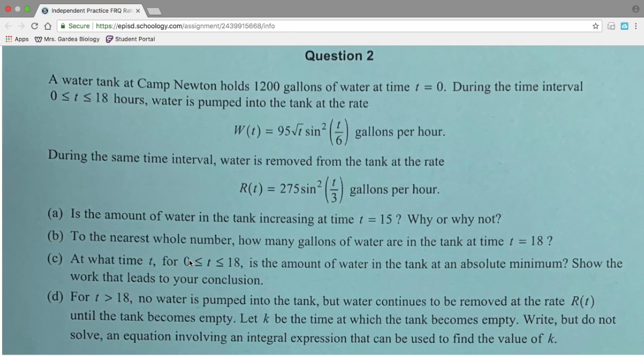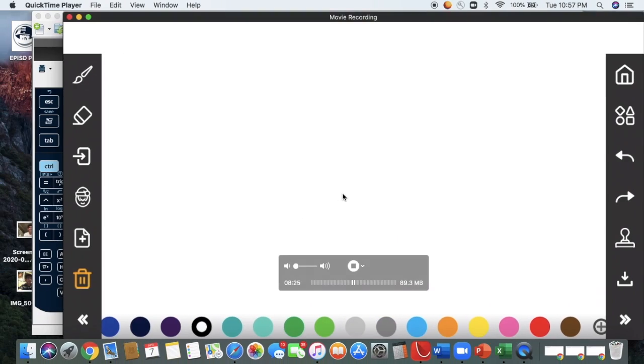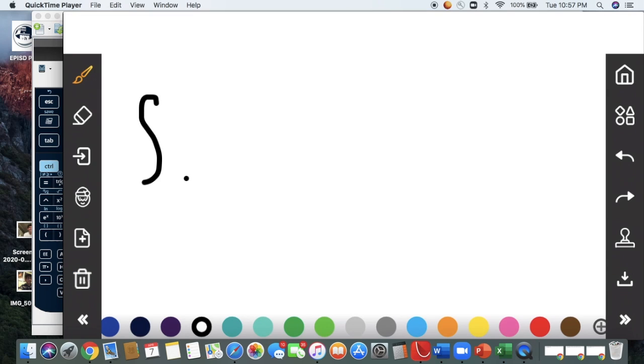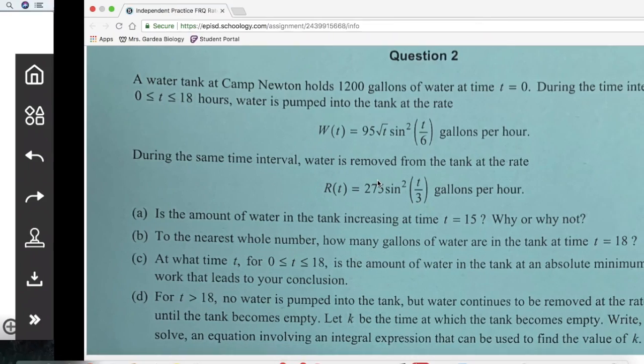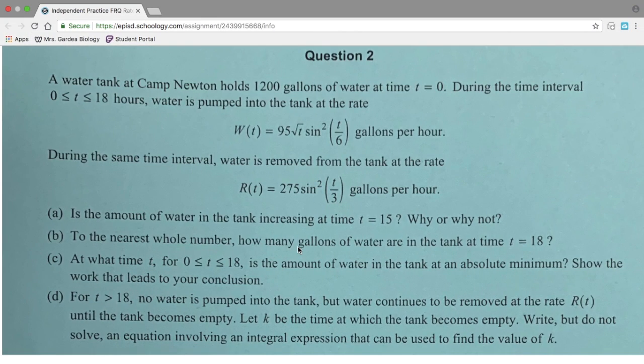I mean, you just had to remember to make sure you're integrating and you have your ranges in hours for time, right? And then your final answer, which was 1,310. Okay.